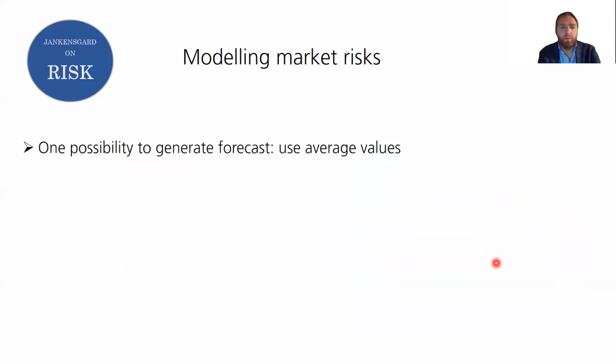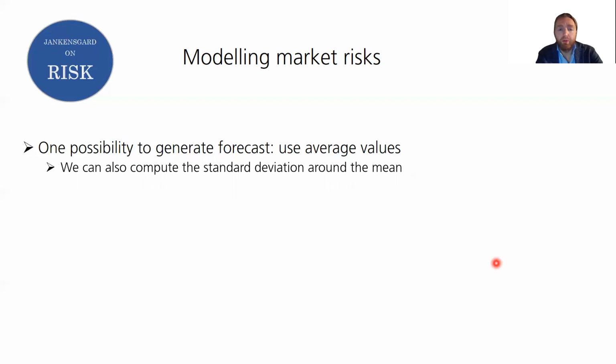All right, so what are we going to do then to come up with a forecast? Well, one choice that we have is to use average values. What if we compute the average of the sample period and use that? Maybe we are going to be quite correct in terms of our forecast. If we do that, we can also compute the standard deviation around the mean as a measure of the uncertainty.